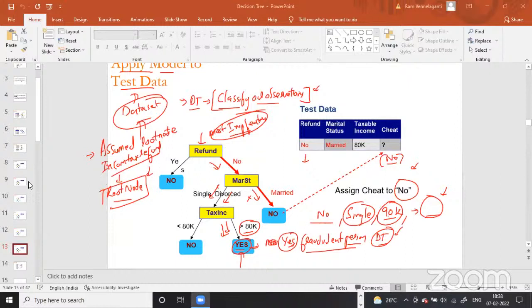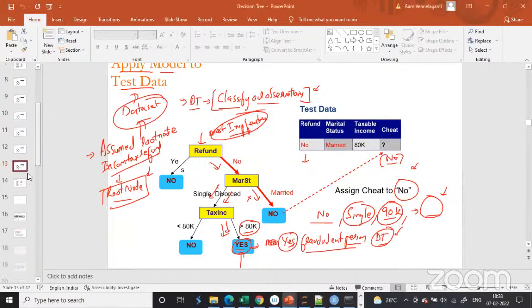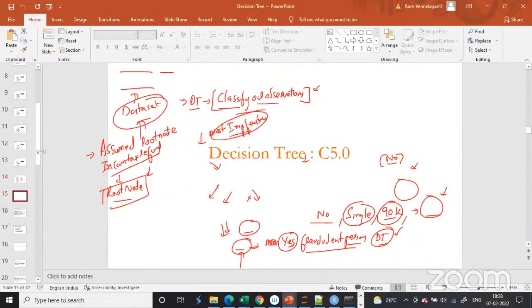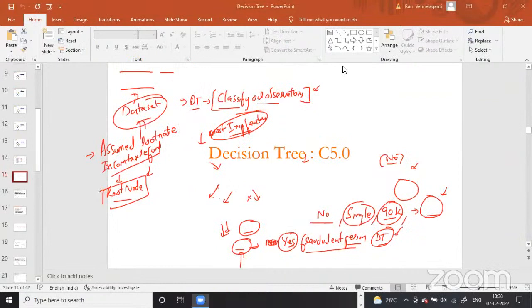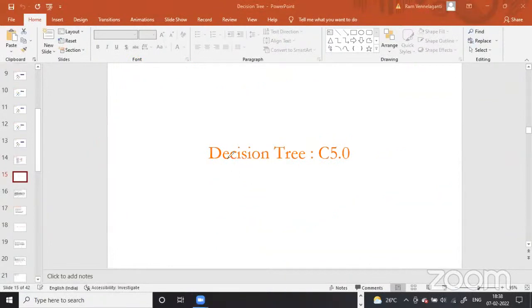To answer this question, we have to proceed forward and start our discussion on the first decision tree model, which is called C5.0. This is one variant of the decision tree.